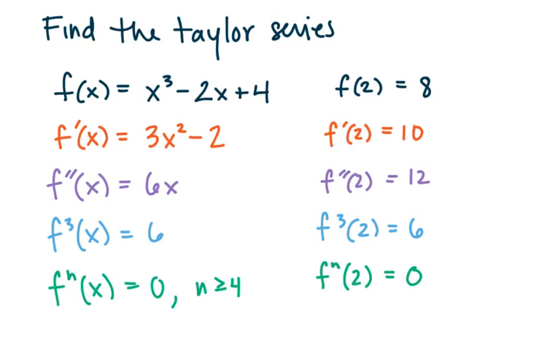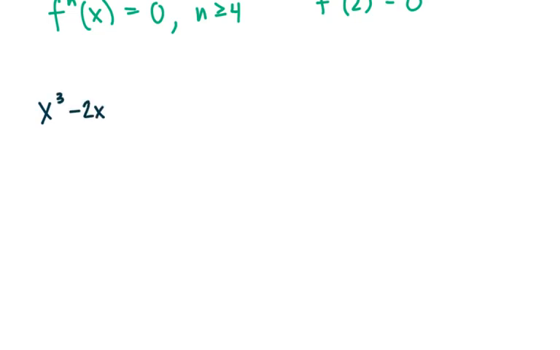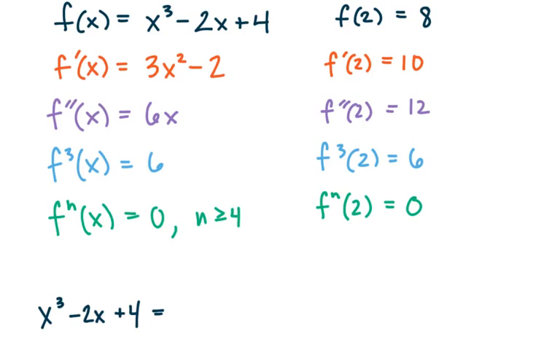So my Taylor series expansion here, this original function, is x cubed minus 2x plus 4. And what this is equal to, my first term in the expansion is my function evaluated at 2, which is 8. My second term is the first derivative evaluated at 2, 10, and then we multiply by x minus 2, and that's to a first power, but we don't need to write that.